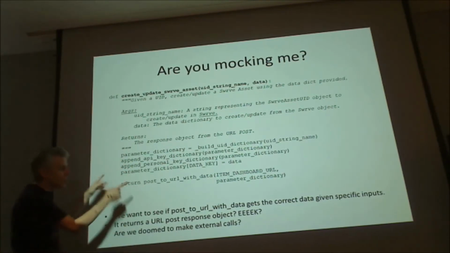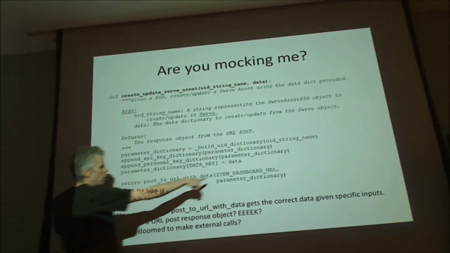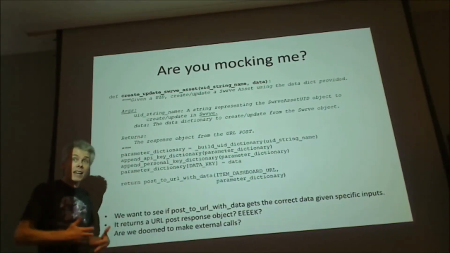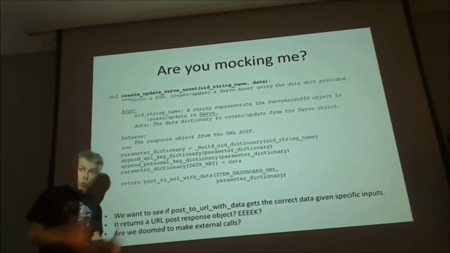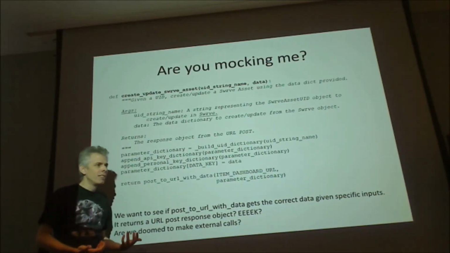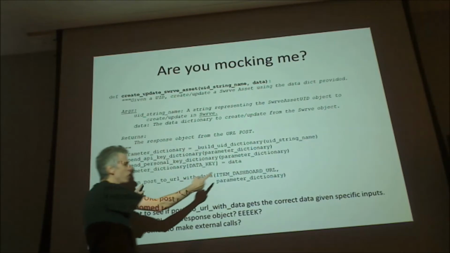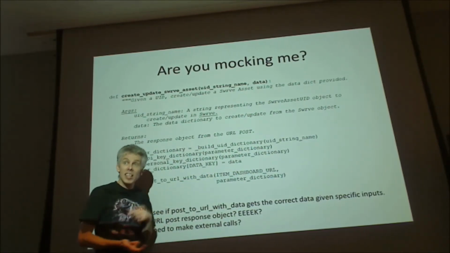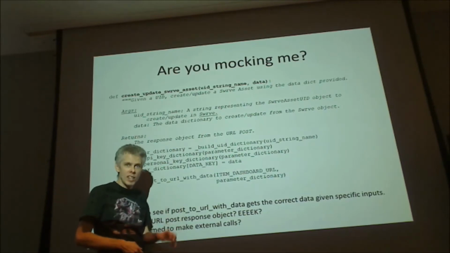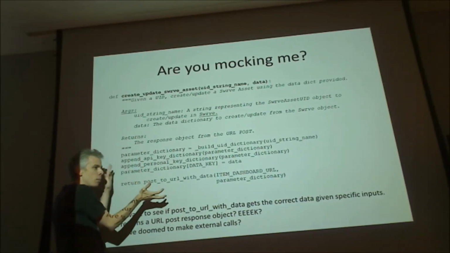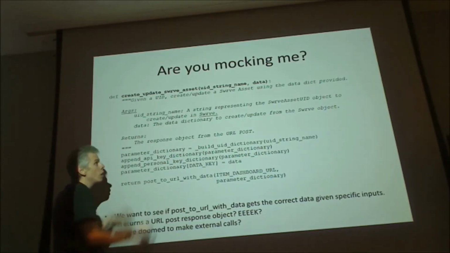How do I cause this piece right here not to actually run, and yet I want to make sure that it actually runs? If I call this, I make a call to the internet. That's not good testing. That's integration testing, not unit testing. I'm just trying to test this unit. Does this unit perform the way it's supposed to?